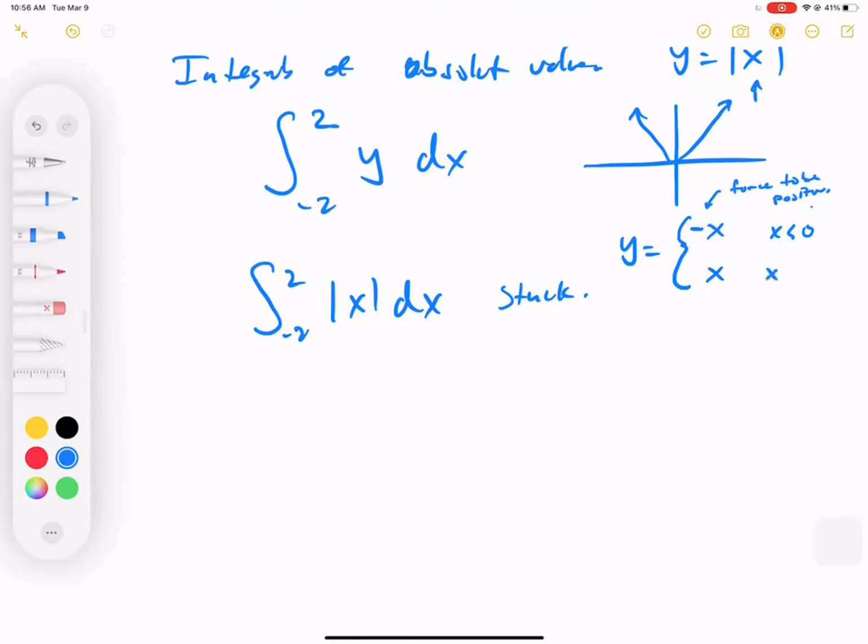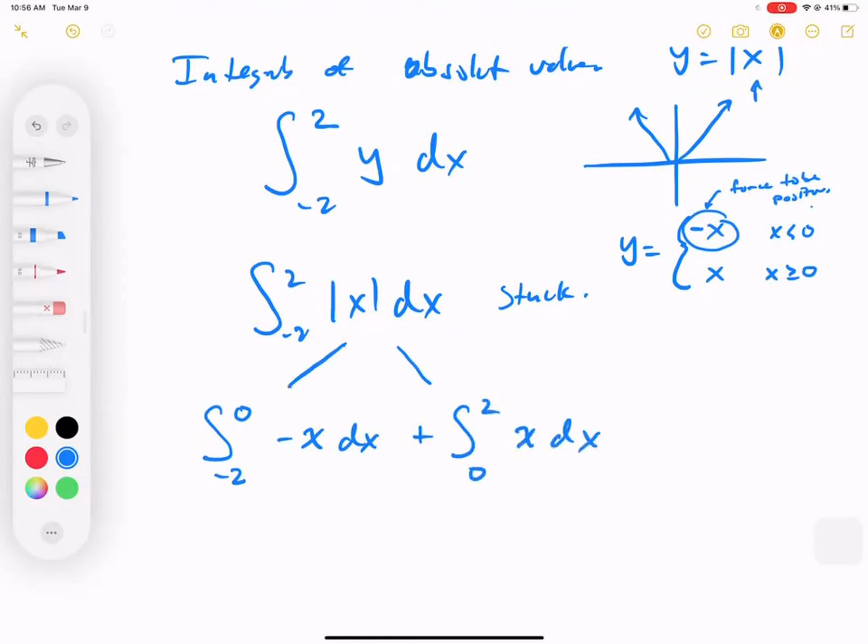And when x is greater than 0, does it matter? No. So we break up this equation into the integral from -2 to 0. You end up with a negative x equation. On the right, the integral between 0 and 2, we use our regular x equation because it doesn't matter.